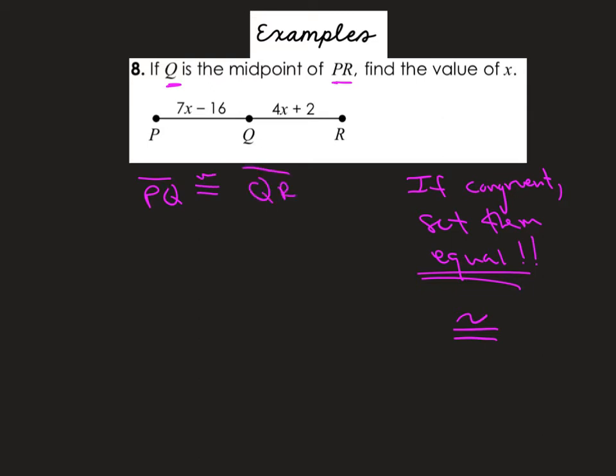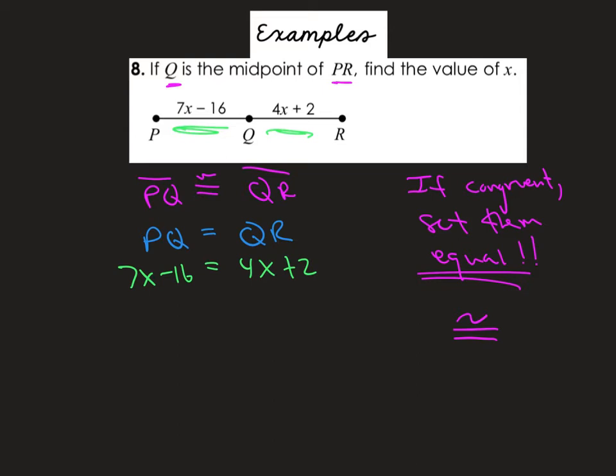And if that's true, then the length of PQ is equal to the length of segment QR. Now I'm going to substitute in my expressions and say, well, 7x minus 16 is PQ. That's equal to QR, which is 4x plus 2.